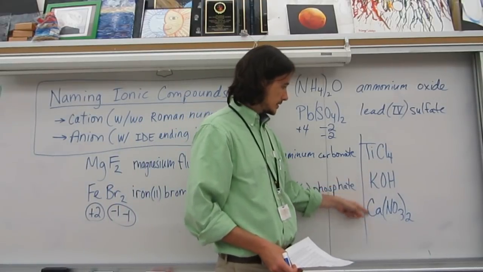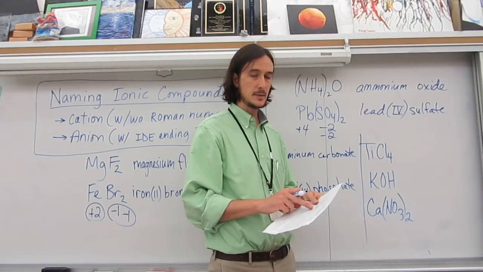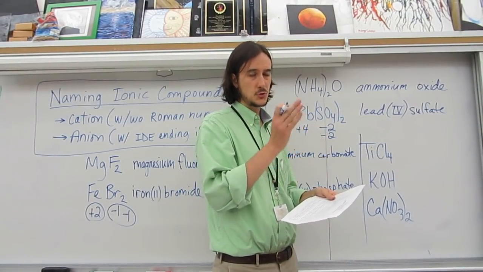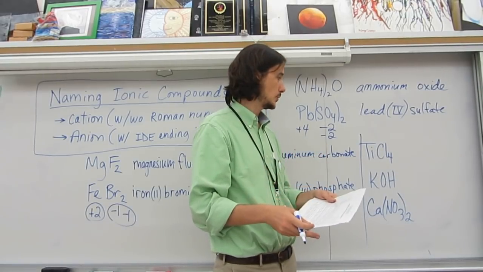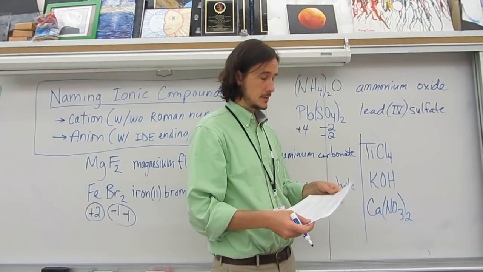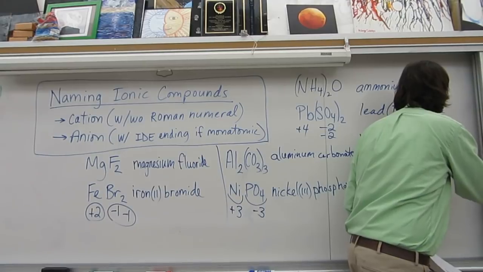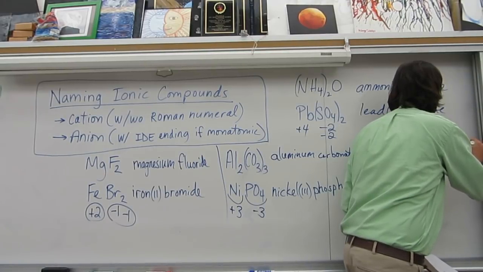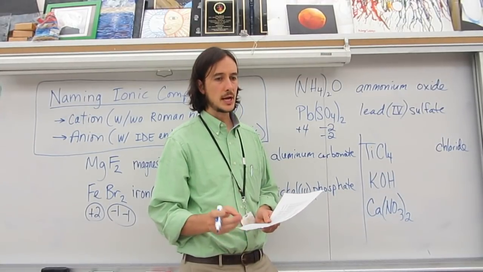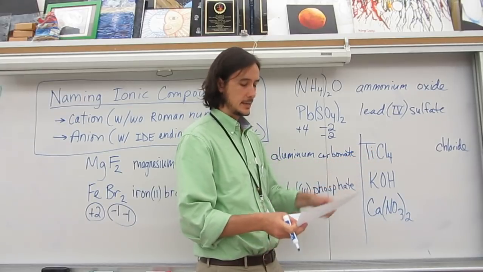All right, last 3. We've got TiCl4. Ti is the element titanium. It's element 22. Find titanium on the periodic table. You see, that's a transition metal. It needs a Roman numeral. So we need to look to chloride. Chlorine is going to change to chloride. I can write that in now. It's going to end in chloride. And I use the charge I expect for chloride to figure out the charge on the titanium.